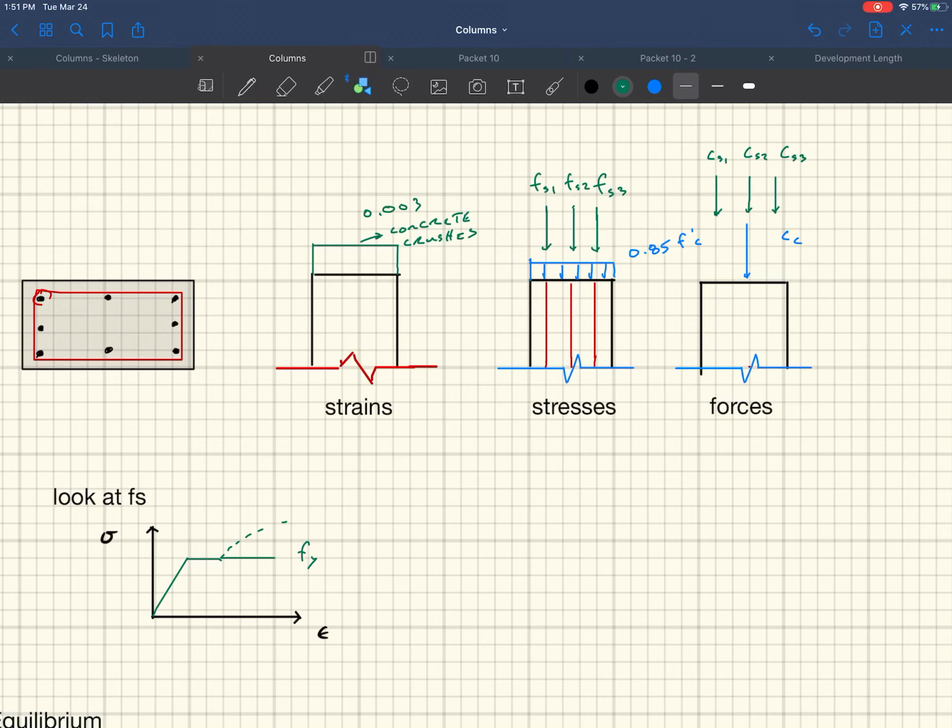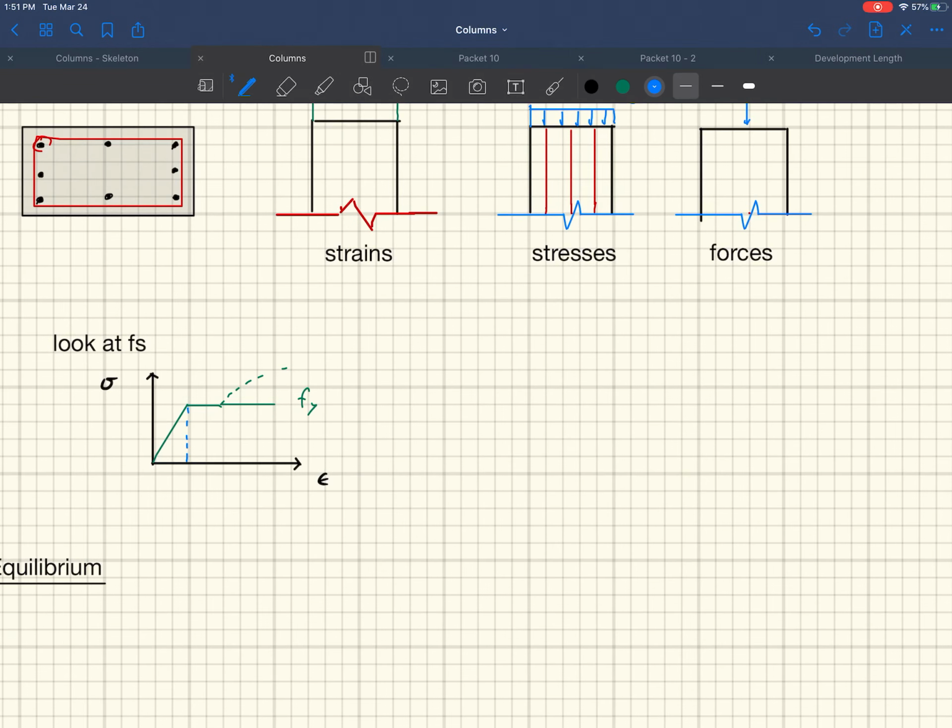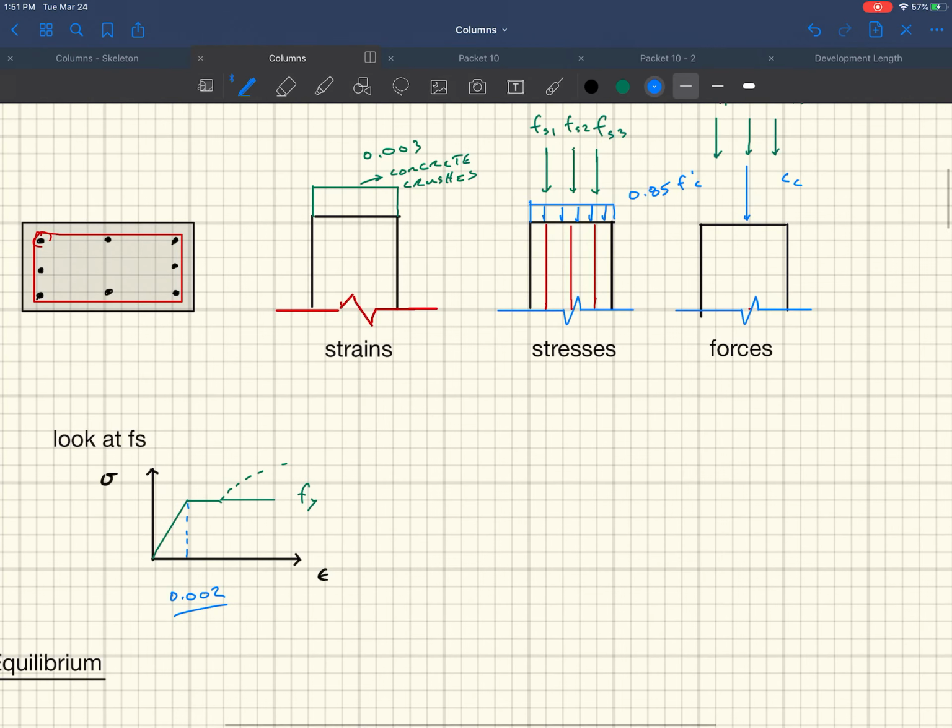Where this thing yields, by the way, that's about 0.002 for a 60 ksi steel. That's where that yield stress begins, at a strain of 0.002. And this behavior works for compression and tension. We're talking compression right here.